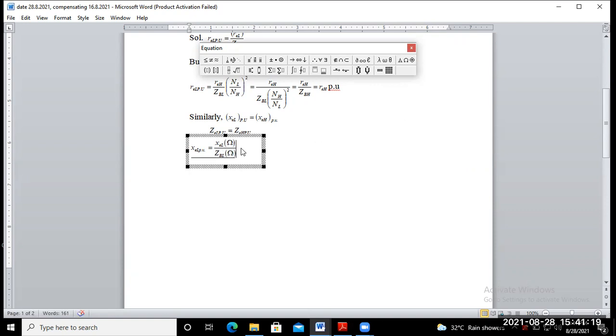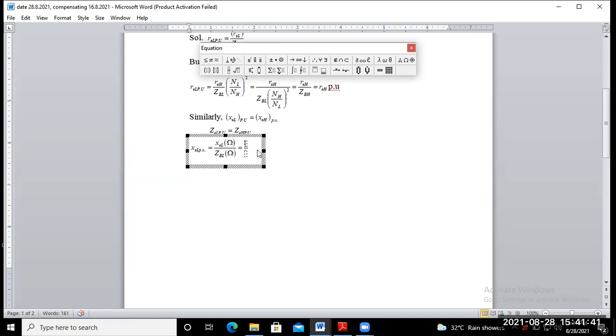Okay. So similarly, we can replace this value XEL in terms of XEH.